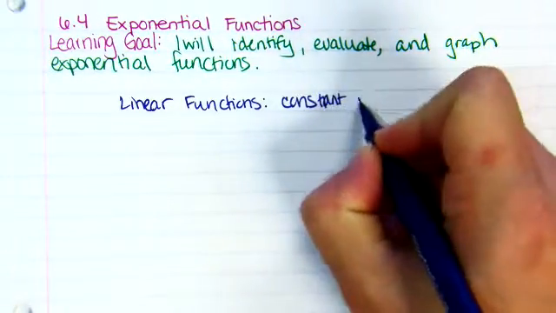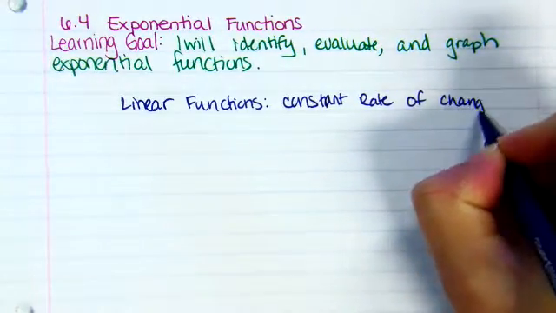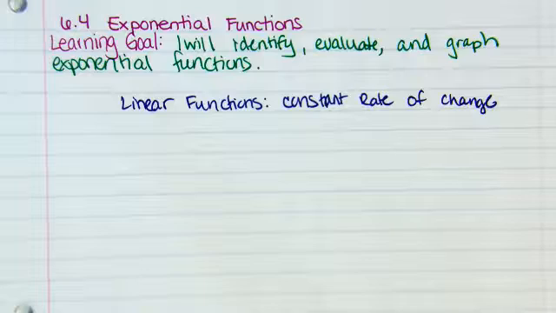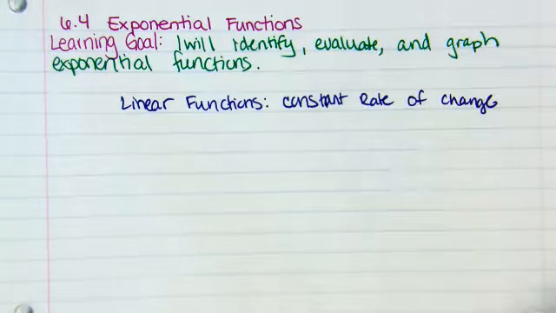So in exponential functions, we're not going to have that constant rate of change anymore. So one of the first things we're going to do is look at a table, and we want to decide if that table is representing an exponential function, a linear function, or maybe neither.